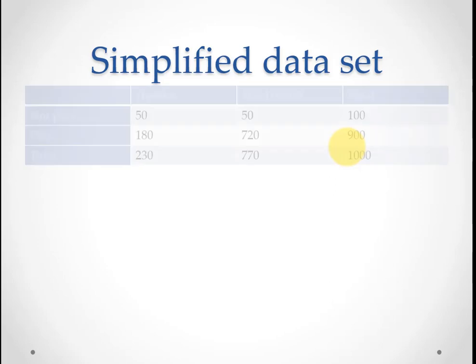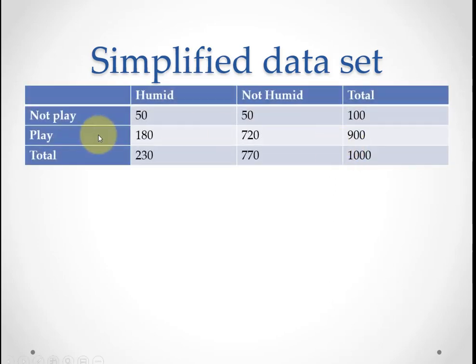Okay, so let's actually try out the complete Bayes classifier, and let's make an even simpler data set just to make everything as simple as possible. We're going to be talking about the golf data set, so we're going to have play and not play.